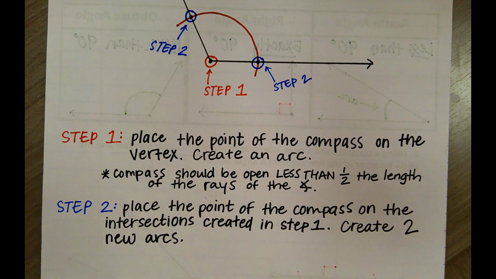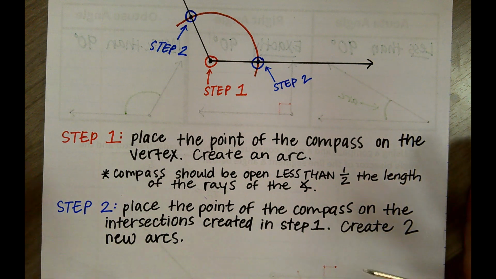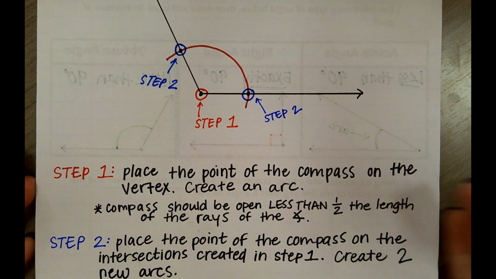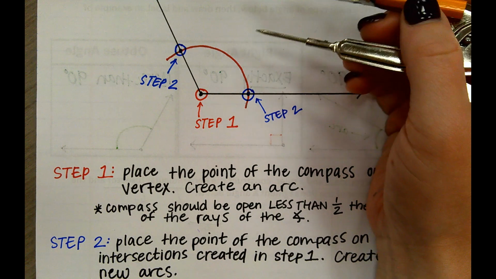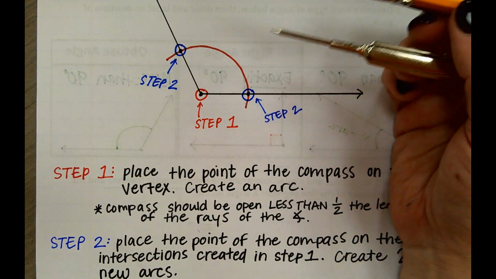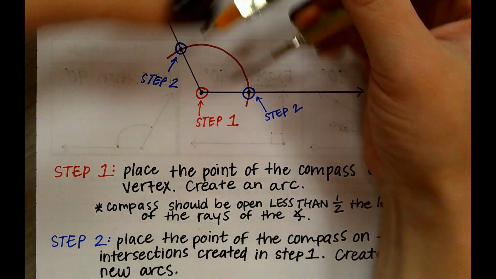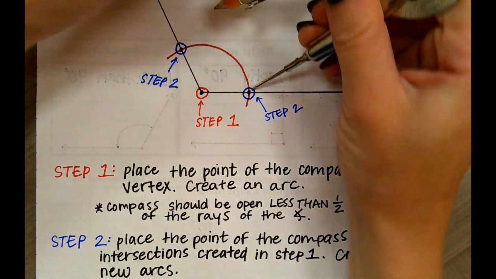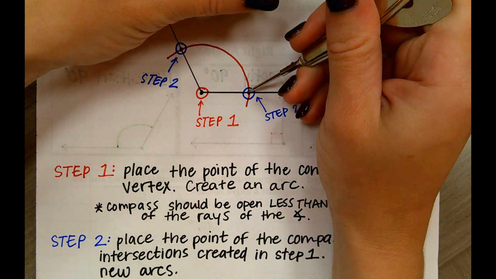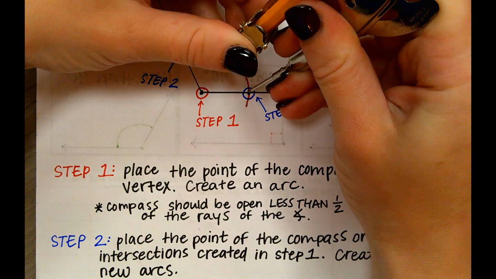Now, for the size that your compass should be open in step 2, I used to teach that you should keep it the same size as step 1. However, I found after a few different tries in past classes that you actually can open it bigger if you want. And you can even maybe open it a little smaller.